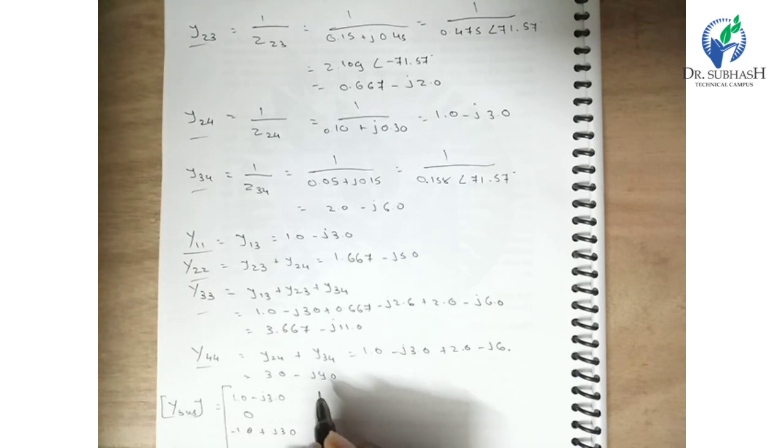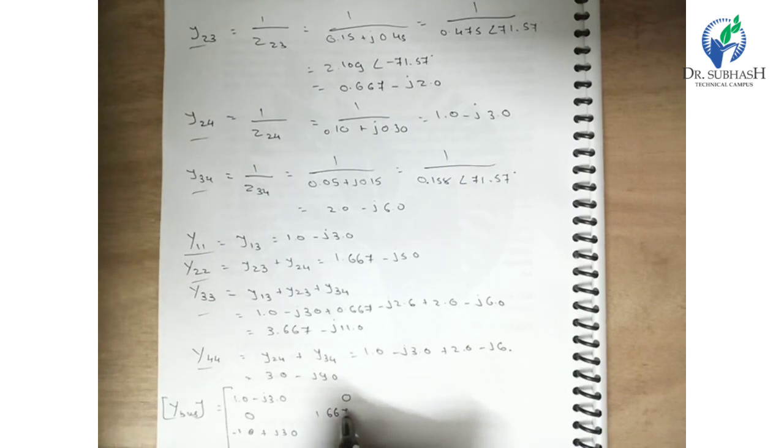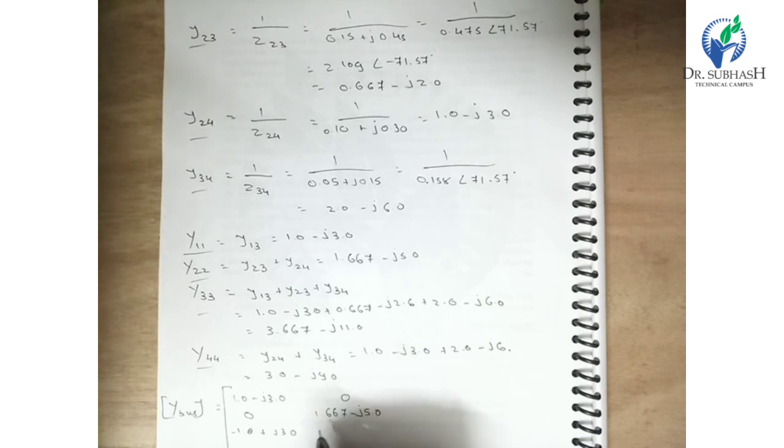In the next column the value is 0. The next line the value is 1.667 minus j into 5.0. The next line is minus 0.667 plus j into 2.0. In the fourth line is minus 1.0 plus j into 3.0.